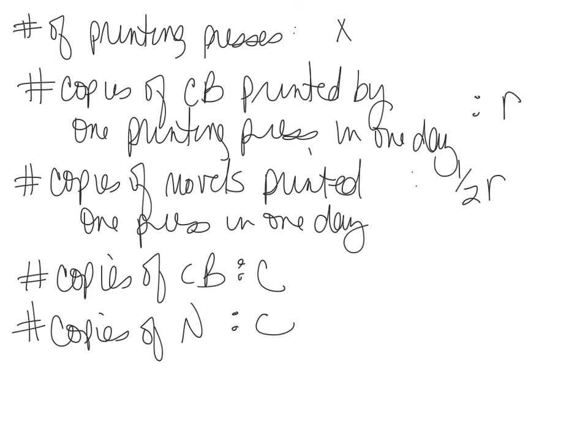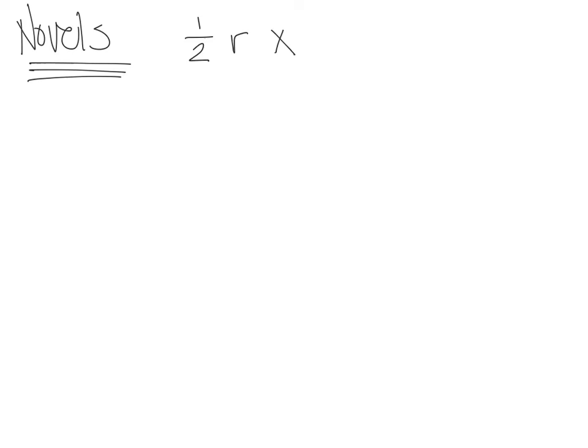I'm going to get a new page, so I hope you wrote this down. All right, novels. So the number of copies of novels printed in one day by the entire shop, I've got half R times the number of printers we have.